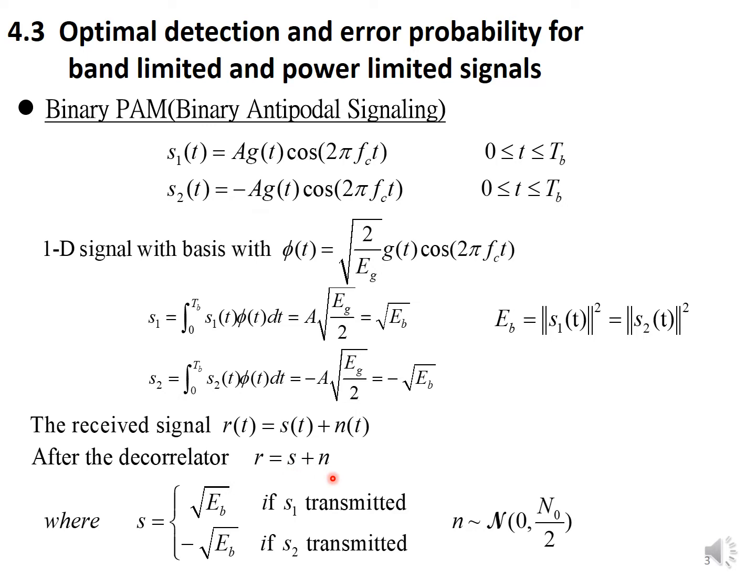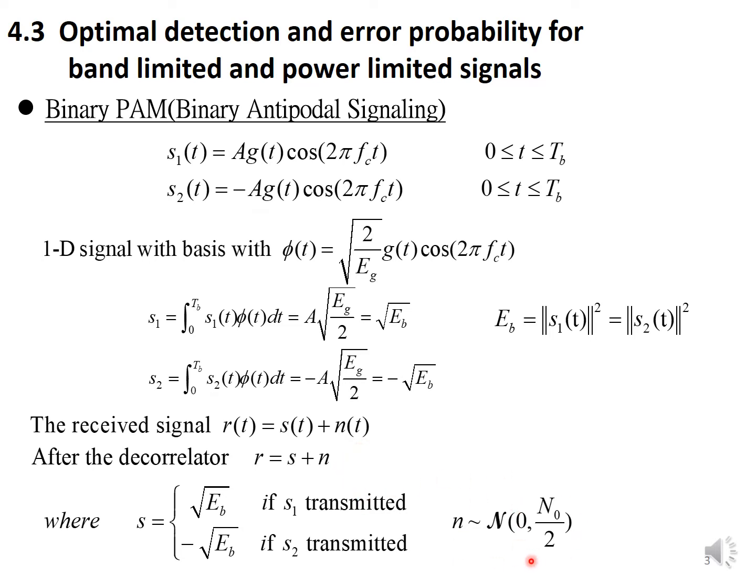So the optimal detection would be based on r, the received signal, and try to make a decision about s. And s could be either s1 or s2, but we don't know. All the receiver has is the signal r, and n is noise that could be a positive value or a negative value.